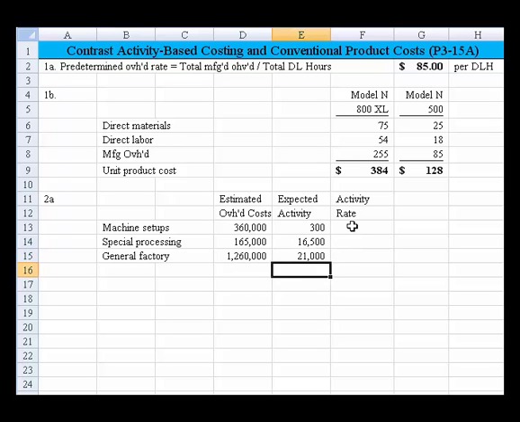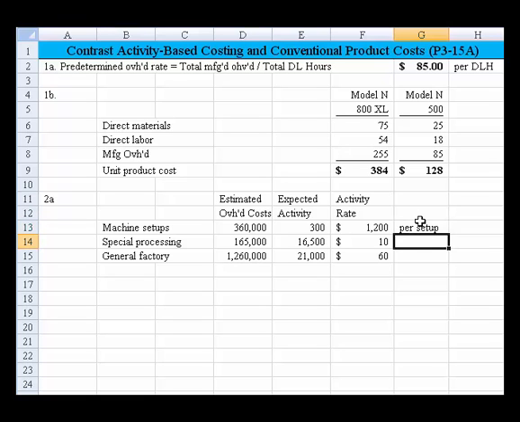Okay, so then if we divide out the activity rates, we take that dollar amount by that activity, and we come up with an activity rate for each, and these are all in dollars now. And the 1,200 would be per setup.